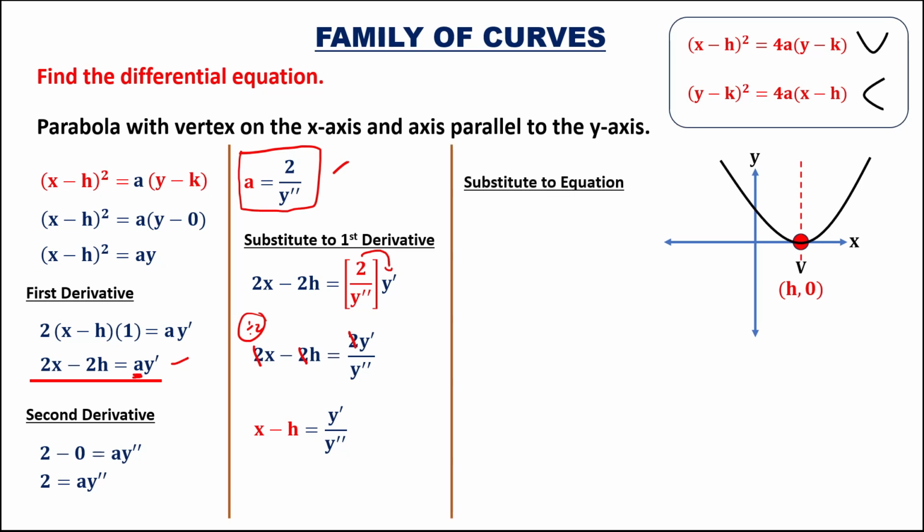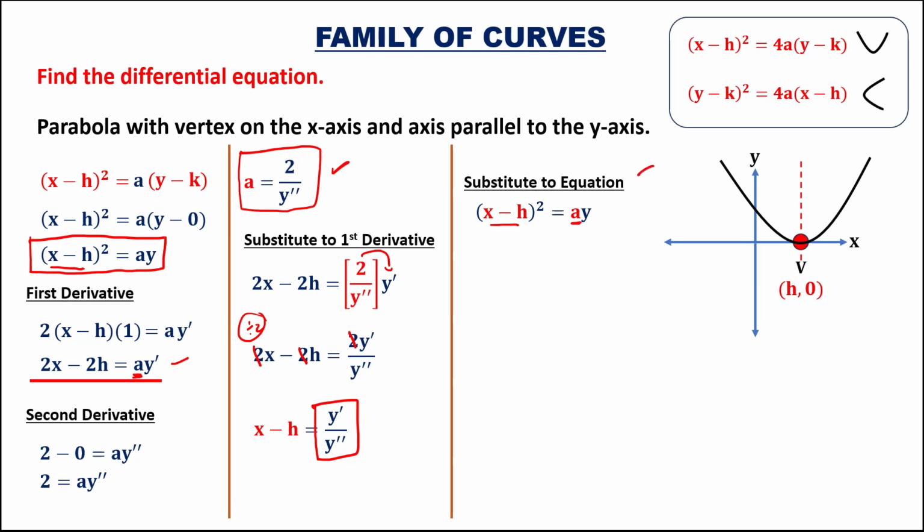Then we need to substitute this into the equation. So this is the equation. We need to replace this x minus h by this value and also replace this a by this value.